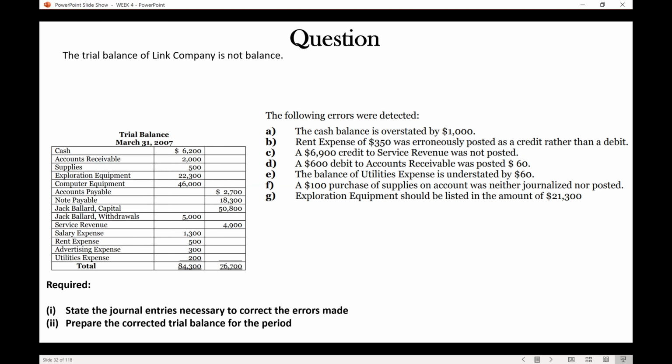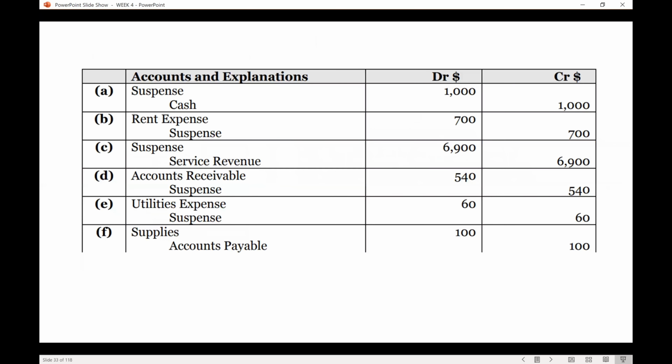That's a liability. Liabilities increase, we credit. So here, the journal entry for this is a debit to supplies of $100 and a credit to accounts payable of $100. My apologies, right? So here you would have opened the T account, as I said, and put the respective amounts on the correct sides.